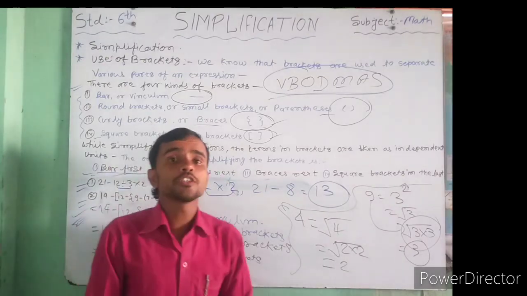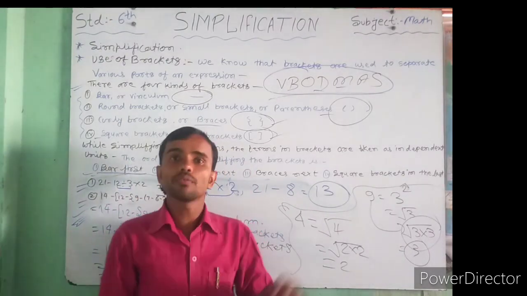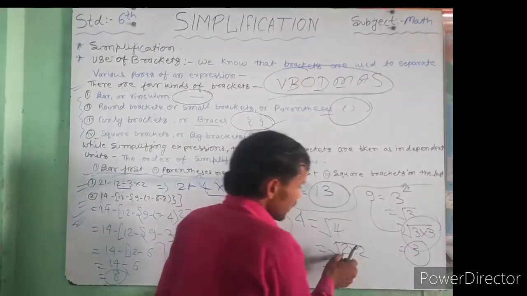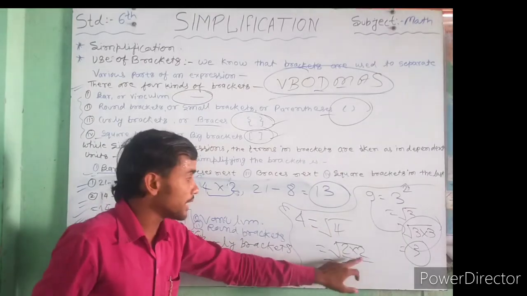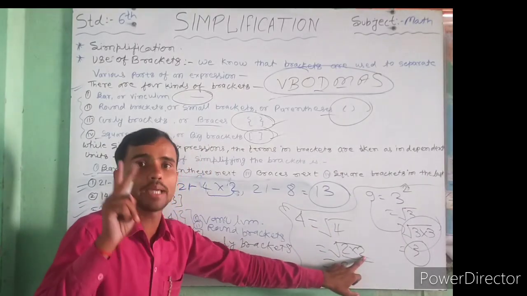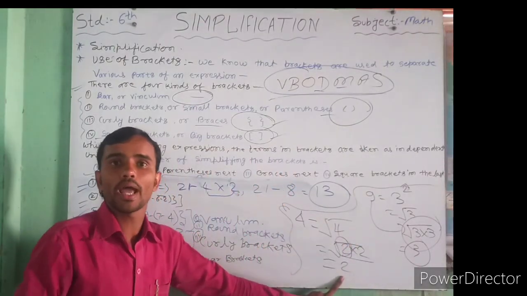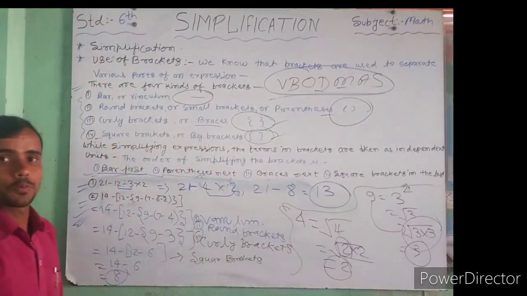Then you merge the two numbers. If two numbers merge, then you write one outside of the root. If you see here, 4 is the multiple of 2, there are two times 2 available, so you choose only one 2 outside of the root, then you write it here, and that's your answer, 2.